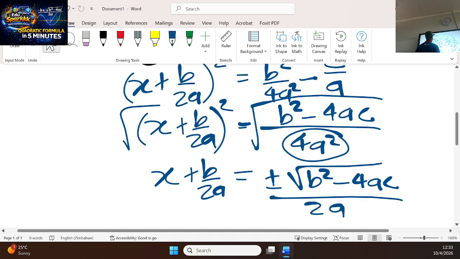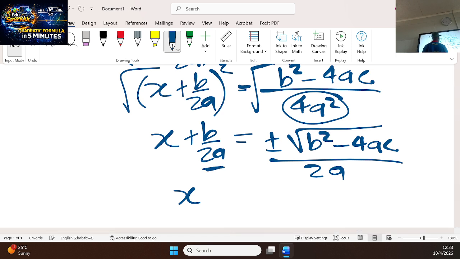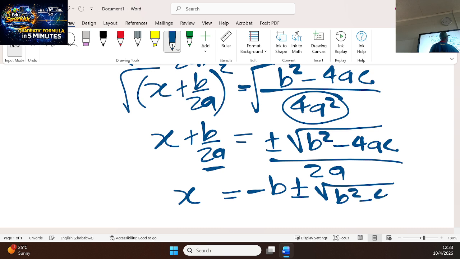Then, because we are looking for the value of x, not x plus b over 2a, we're going to transpose this part here, which will give us minus b plus or minus root of b squared minus 4ac all over 2a, because our denominators here are the same.